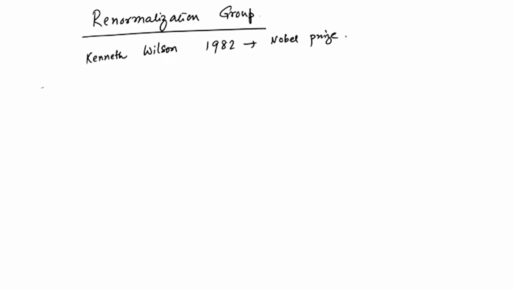So, let me write down the partition function once again for these n spins, and we just write K, and capital K is simply equal to J over kT. Okay, we just write in a slightly shorter notation.